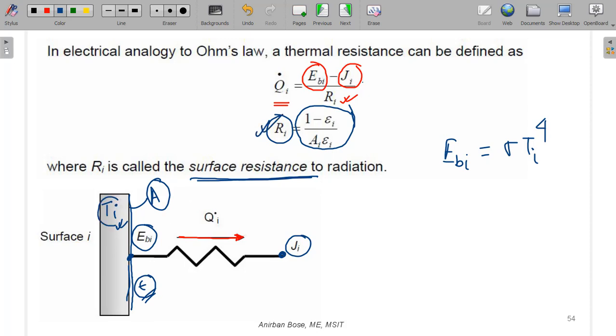And as you know T_i, that means you know E_bi. So now simply using this formula, you can find out a relationship between Q_i dot and J_i. Okay, so that is going to help you.